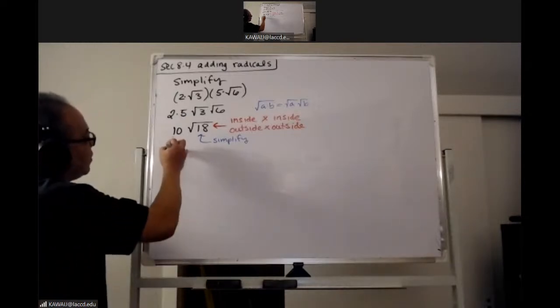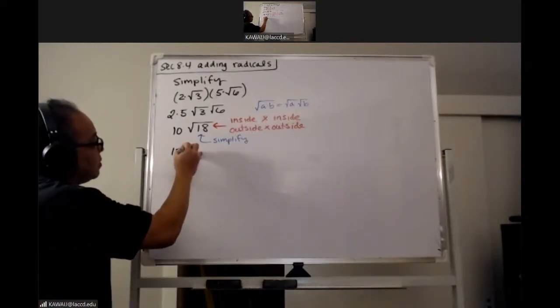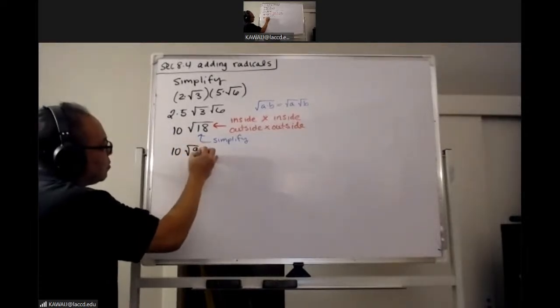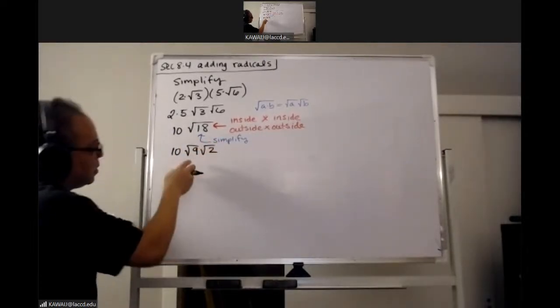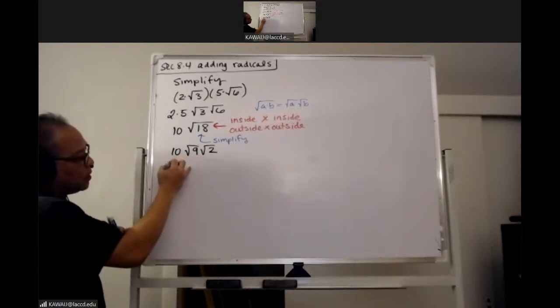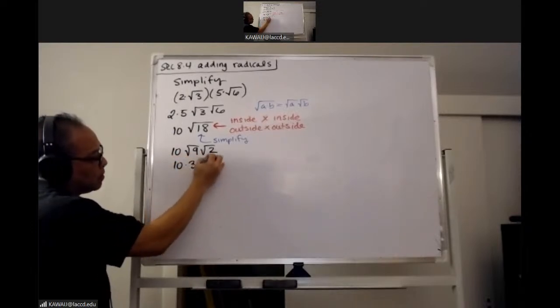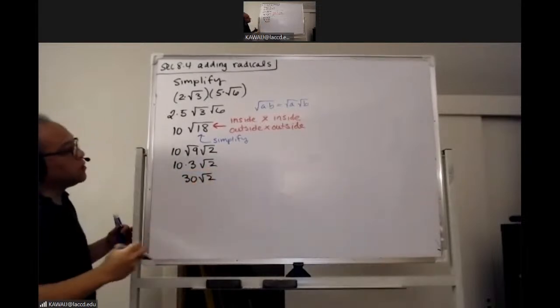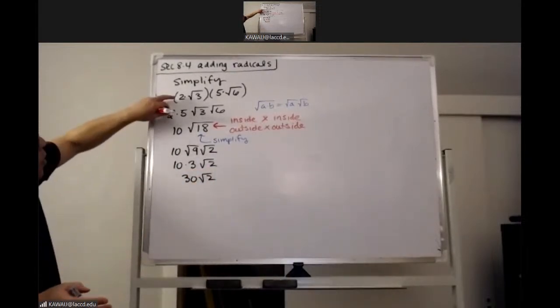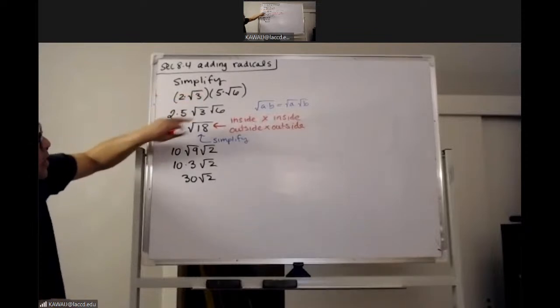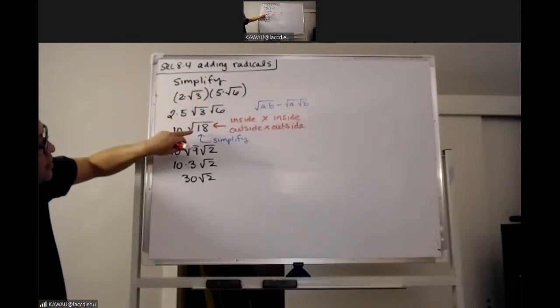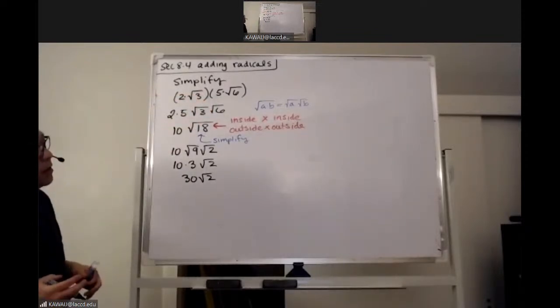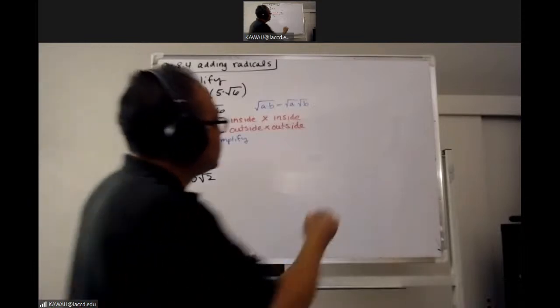So you have 10 square root of 9 square root of 2. This is equal to a 3. So now I have 30. So the easiest way to do this is go outside times the outside, inside times the inside, and then simplify. So let's try another one like that.